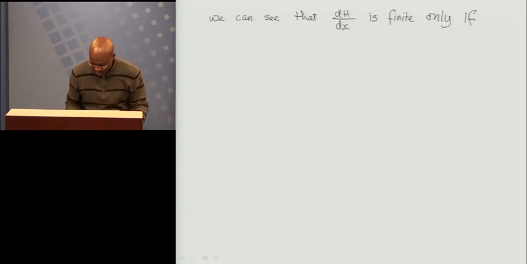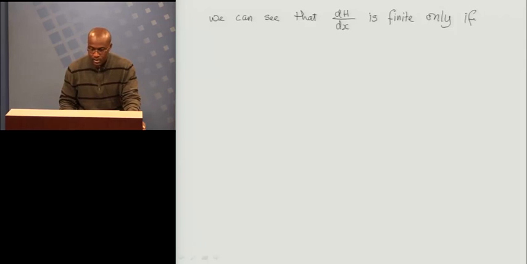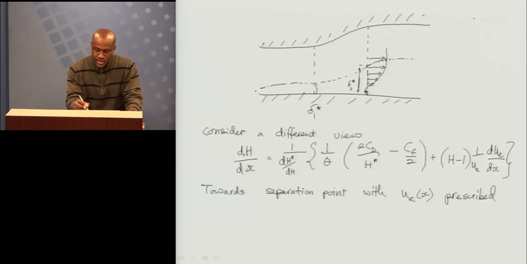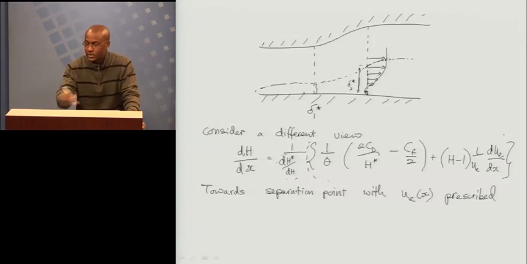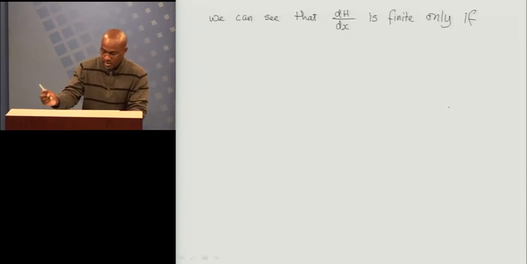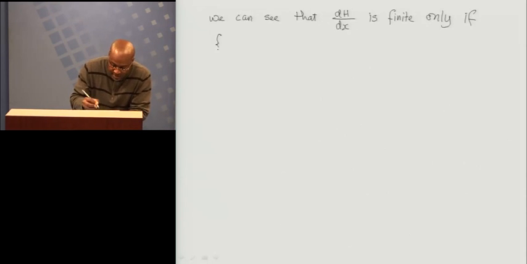this guy tends to 0, and for this thing to stay finite, then this guy here would also have to tend to 0. All right? So for this thing to stay finite, that term in brackets has to tend to 0.